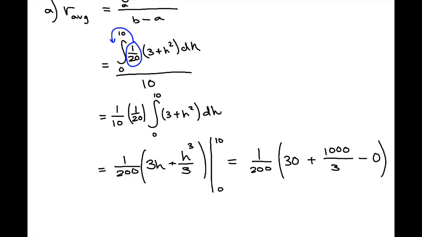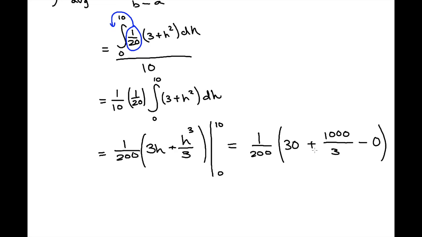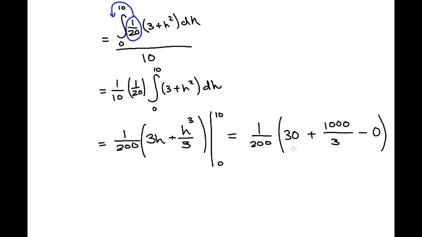Awesome. Now we can tidy this up a little bit more, and I think we'll have our final answer. 30 is the same thing as 90 over 3, so this entire thing would be 90 over 3 plus 1,000 over 3, which is just 1,090 over 3.